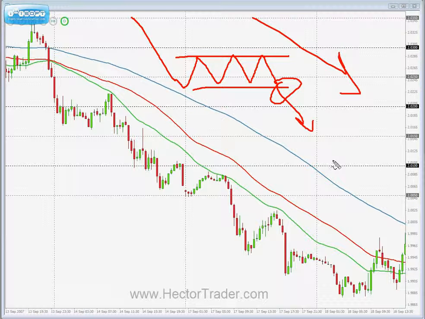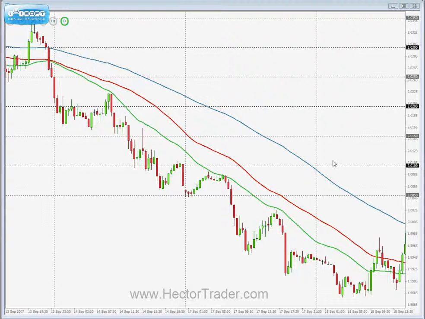Well, in this case, we are not going to be looking at ranges as a price pattern, but rather as a trigger in themselves.